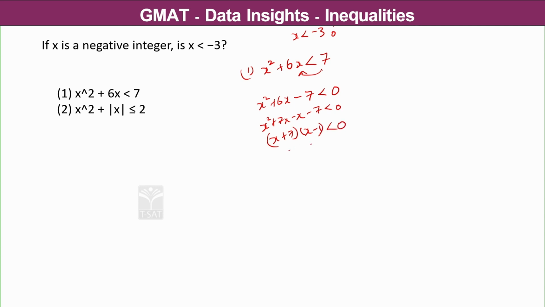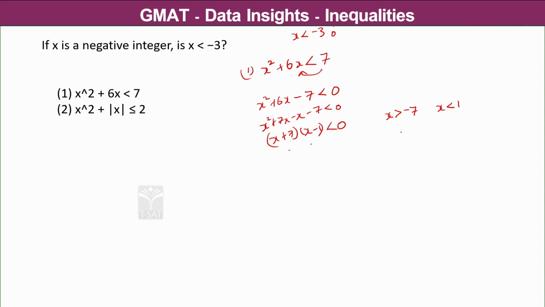One should be positive, one should be negative. So, x is greater than minus 7, so x plus 7 will be greater than 0, and x is less than 1, so x minus 1 will be less than 0. So, x is between 1 and minus 7.